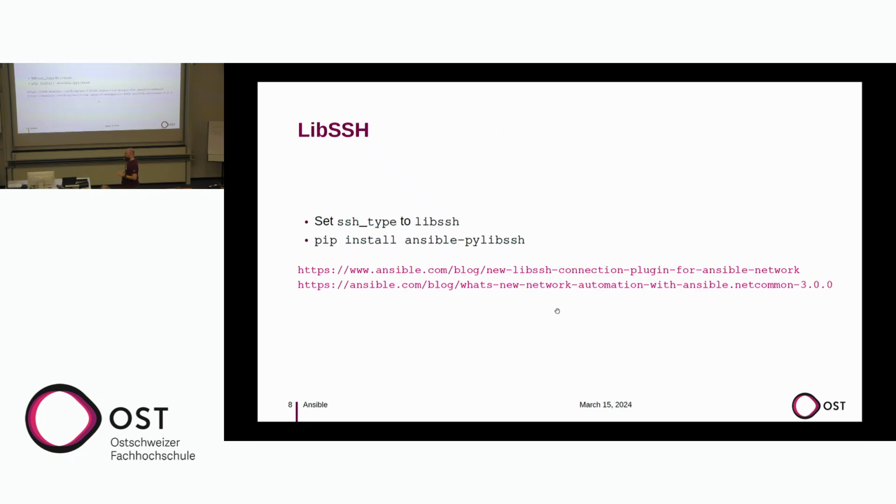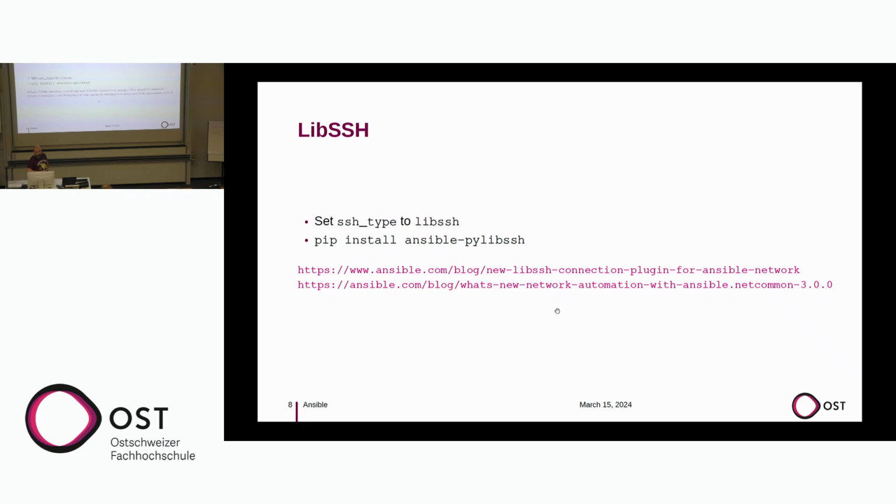In 2020, I believe, there was a change that we should now use the libssh implementation by Ansible. Ansible normally uses Paramiko, but there were some issues with FIPS and also with performance, so there was a development with PyLibSSH, which is much faster.